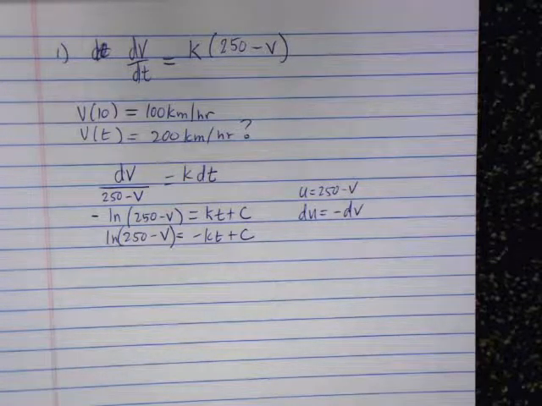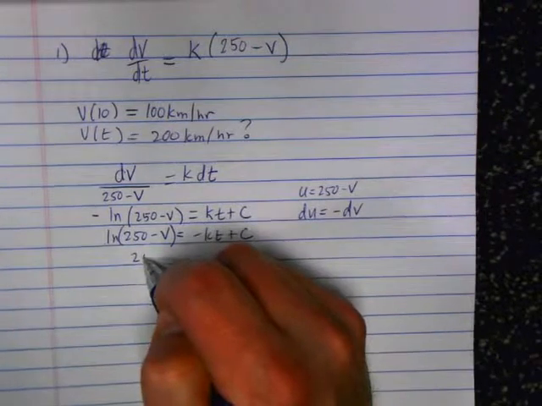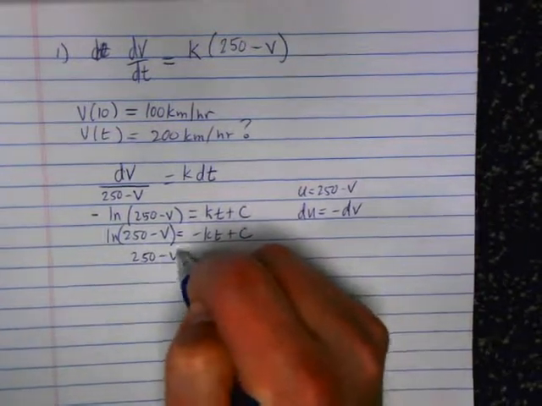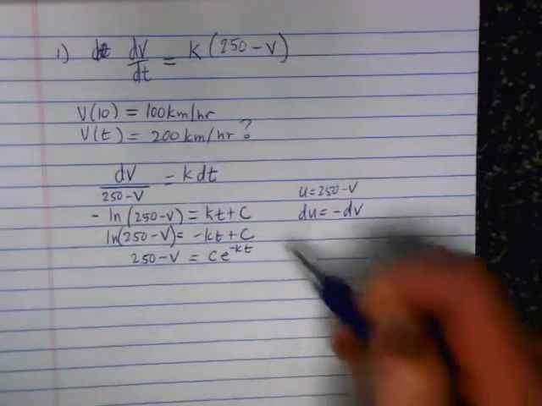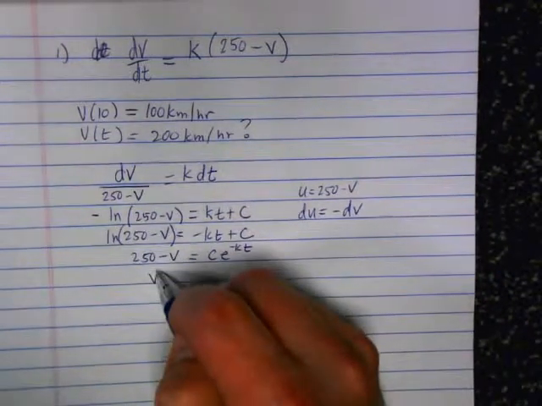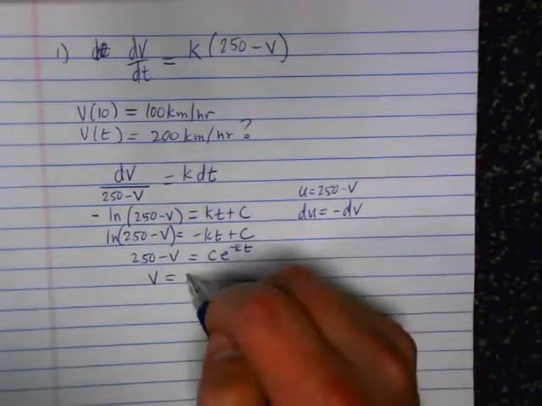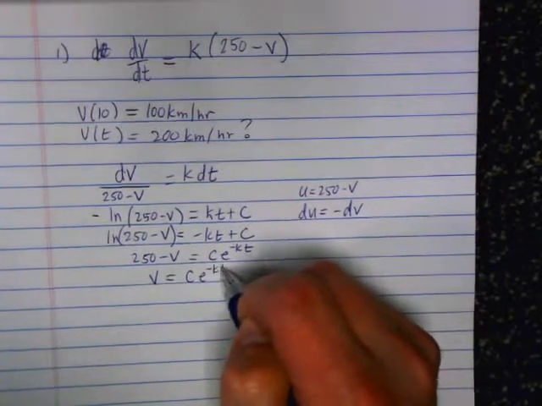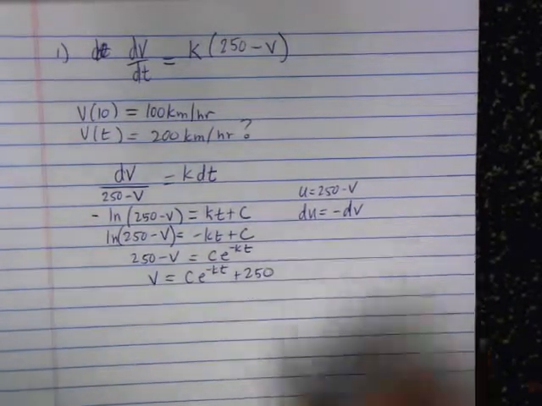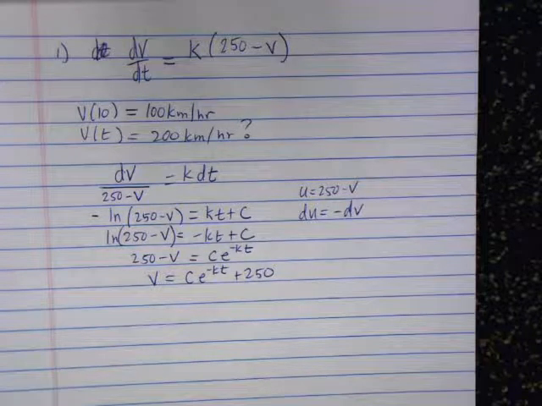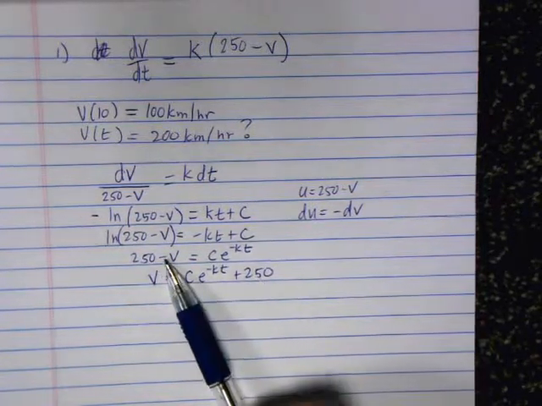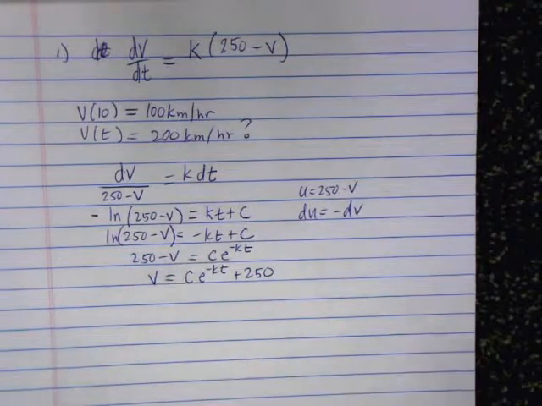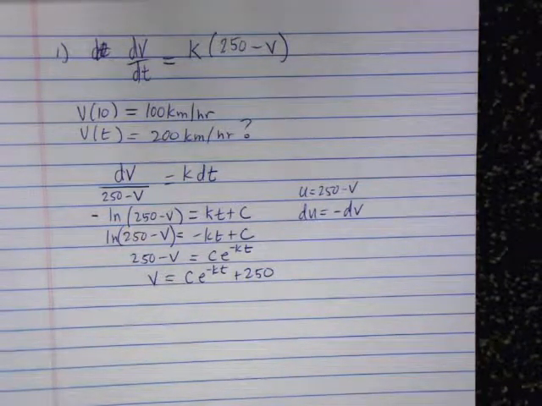I was going to do it in one step, but then I changed my mind halfway through. 250 minus v is c e to the minus kt, which means v is minus c e to the minus kt plus 250. I would subtract the 250, but then I've got to multiply by negative 1, so I got two negatives there, which make that a positive 250.